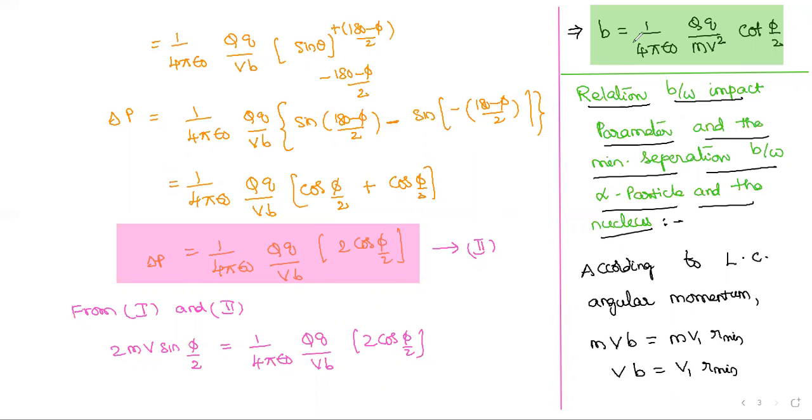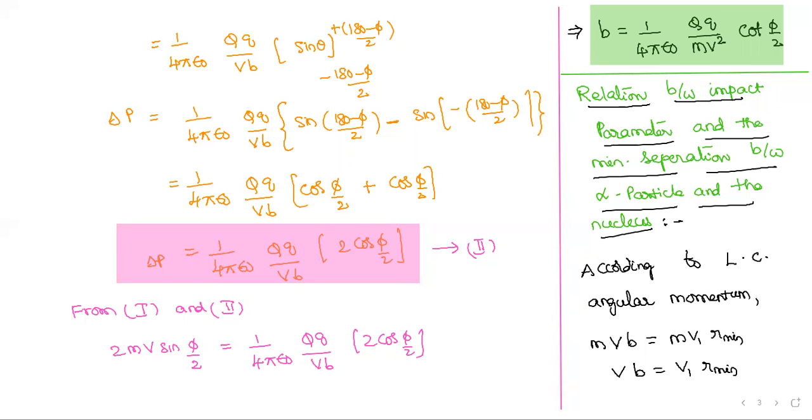If you want to substitute the b value here, you can substitute there to simplify. So you are going to use this parrot color box also. Suppose from there, if I substitute here in the next page, v into b, I substitute 1 by 4 pi epsilon naught QQ by m v square into cot phi by 2, the scattering angle.